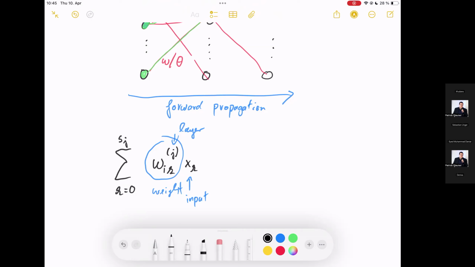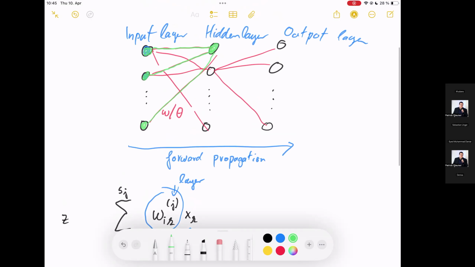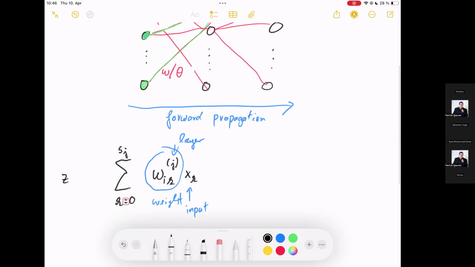And this sum of products will be called, for example, z. So the z would be this value I have just calculated here. And the notation I use is z i of the next layer, j plus 1. But this is just one notation. If you look into other literature, you will see different notations. This is just one of a lot of notations.